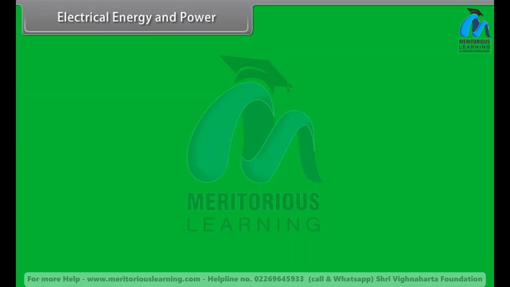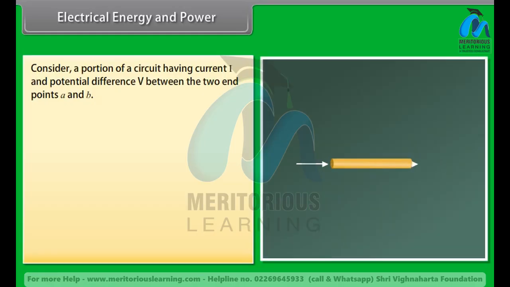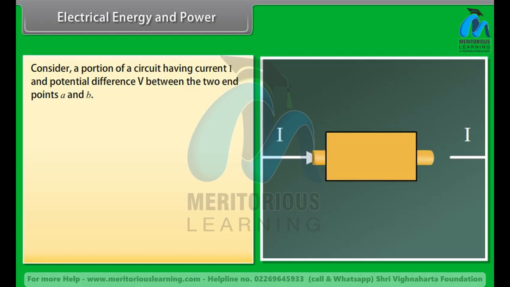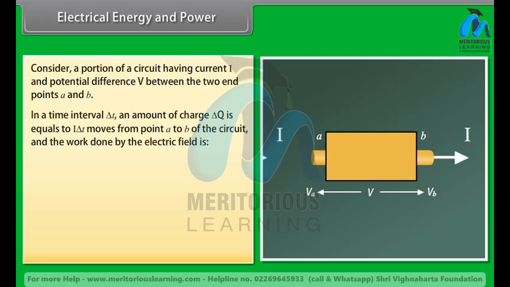Electrical energy and power. Consider a portion of a circuit having current I and potential difference V between the two endpoints A and B. In a time interval delta t, an amount of charge delta Q equal to I delta t moves from a point A to B of the circuit, and the work done by the electric field is equal to the product of V and delta Q, which is equal to the product of V, I and delta t.